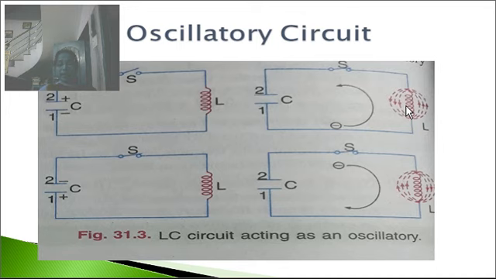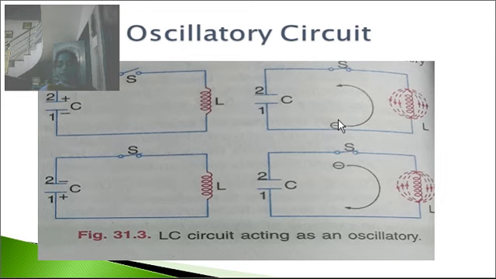According to Lenz's law, the counter EMF keeps the electrons moving in the same direction, so that this again charges the capacitor in the opposite direction, as shown in the third figure, figure C. Note that plate 1 has become positive, whereas plate 2 is still negative.